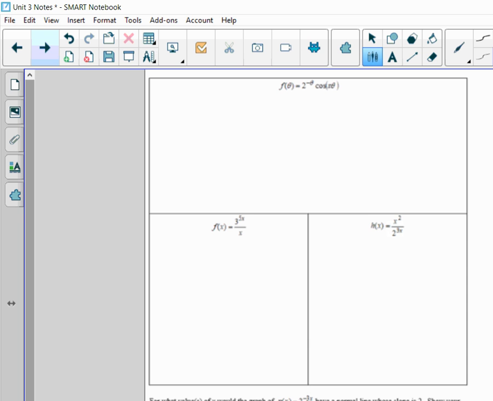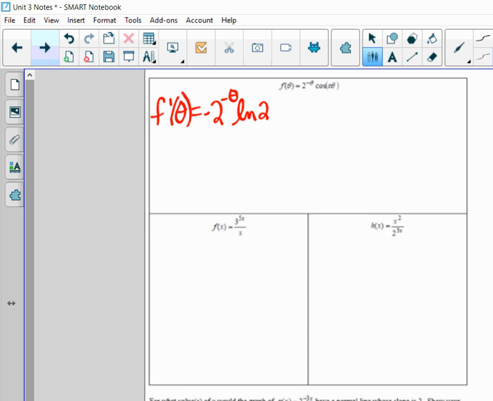So let's do some uglier ones here. If I do this top one, what rule am I going to have to do? I'm going to have to do the product rule, the chain rule, and the derivative of the exponential. The derivative of 2 to the negative theta is going to be 2 to the negative theta times ln of 2, and the derivative of negative theta is just negative 1.